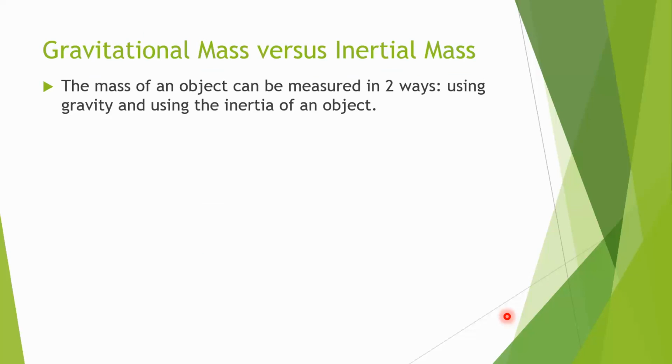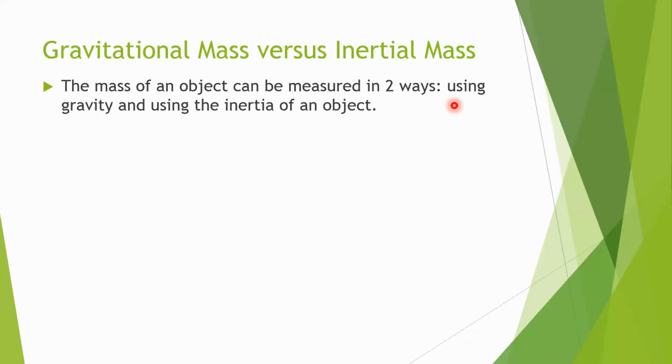So talking about inertia and moment of inertia leads to a vocabulary that I want to clarify. Up until now, we've used what we call gravitational mass. We can also measure something called inertial mass. So the mass of an object can be measured in two ways.